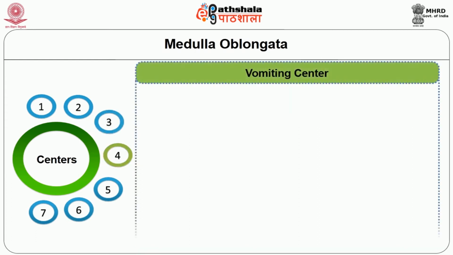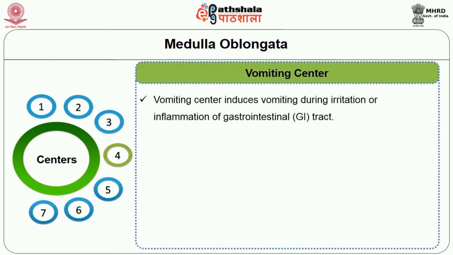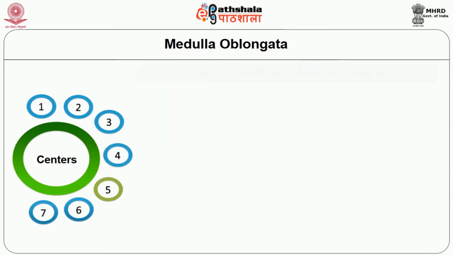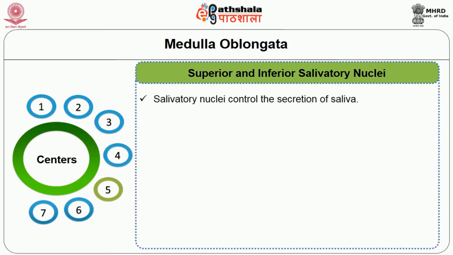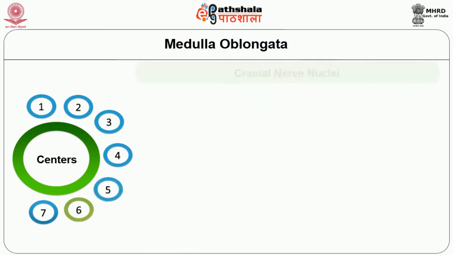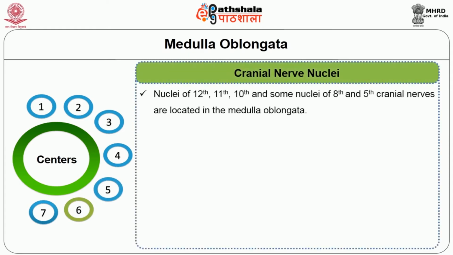Vomiting center induces vomiting during irritation or inflammation of the gastrointestinal tract. Superior and inferior salivatory nuclei control the secretion of saliva. The cranial nerve nuclei, which are the nuclei of the 12th, 11th, 10th and some nuclei of the 8th and 5th cranial nerves, are located in the medulla oblongata. The 12th cranial nerve controls the movements of the tongue.